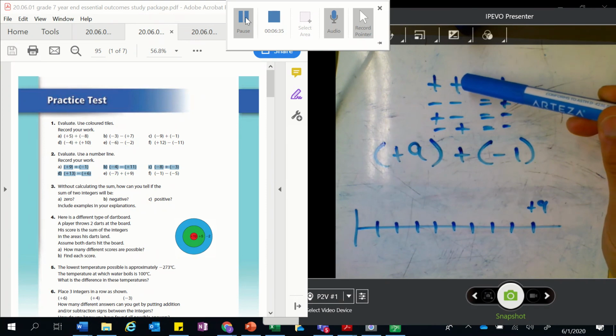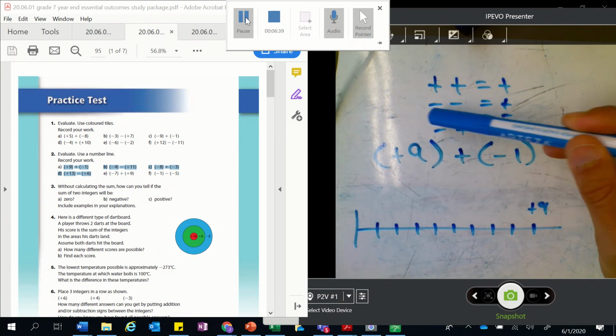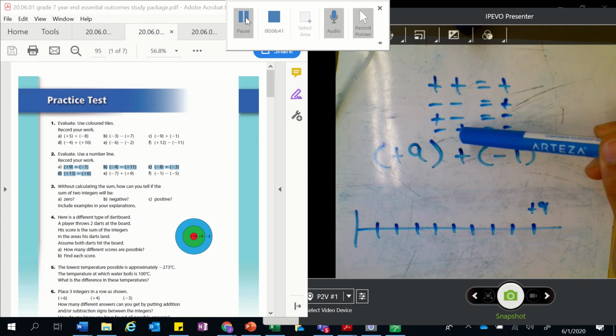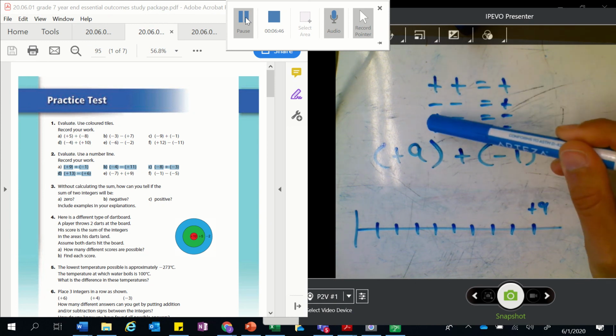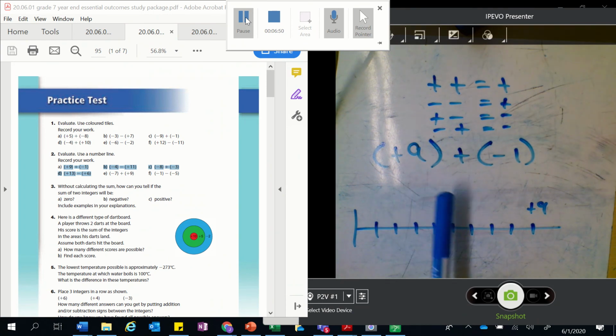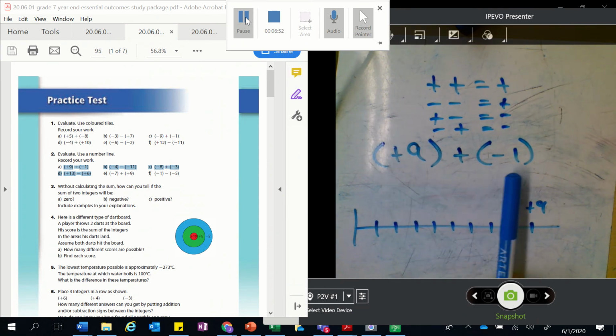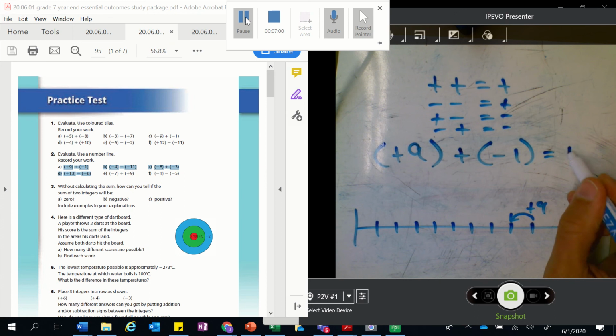We know plus a positive goes up, minus a negative goes up, plus a negative goes down, minus a positive goes down. We used to always say same goes up, different goes down. So plus 9 plus minus 1. Plus a negative, we're going down by 1. So your answer, plus 8.